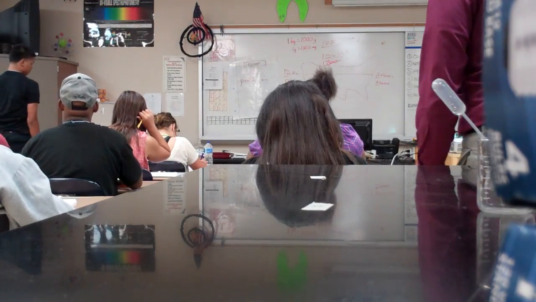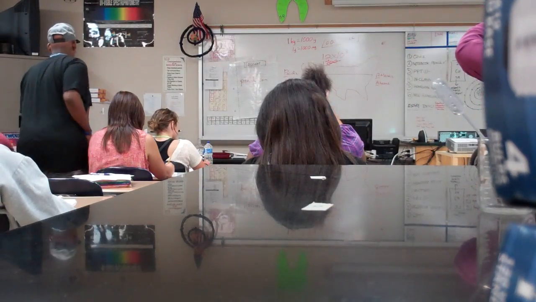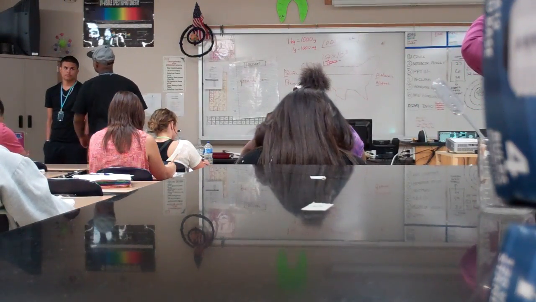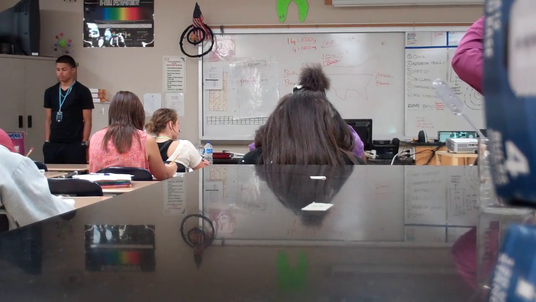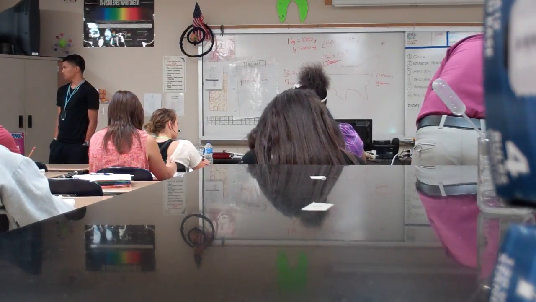Perfect. Very good. Is the decimal present? The decimal's present. You start on the left side. You don't start on the left side of the entire number. I'll work number 10 on the board, so you guys understand that.